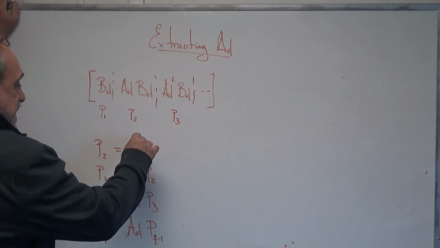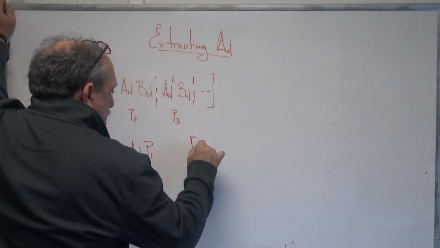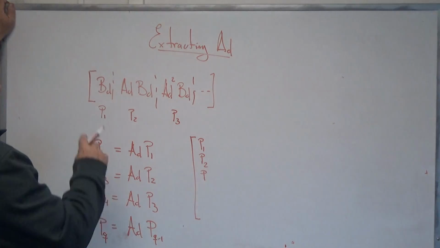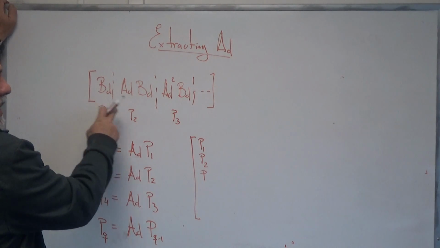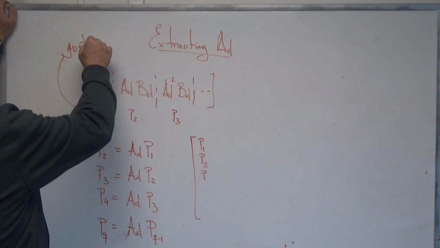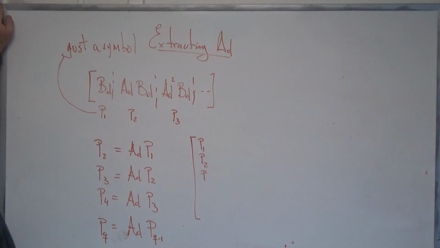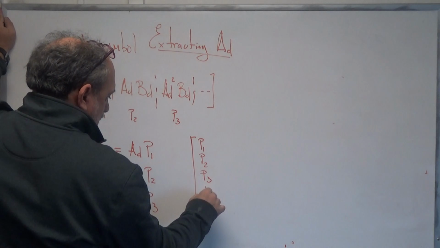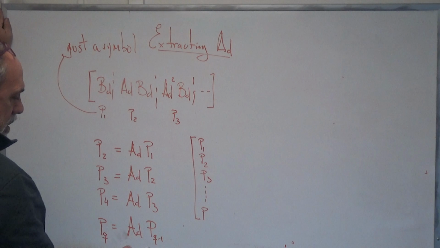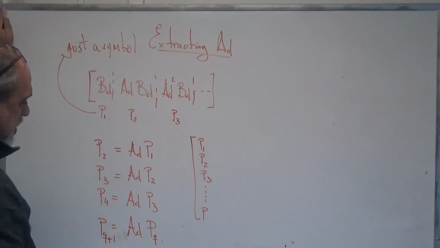So if we can write this as being P1, P2, P3. This not to be confused, of course, with observability. This is just a new P, right? Just a symbol. Okay, so we have P1, P2, P3, well, actually, let me call this one Q, and this one Q plus 1 to be consistent.